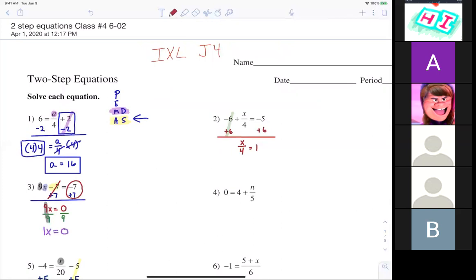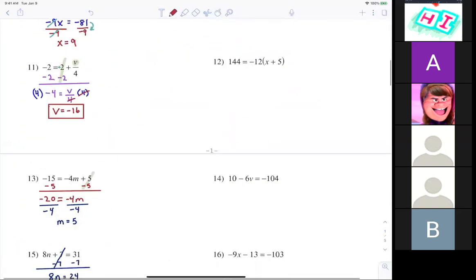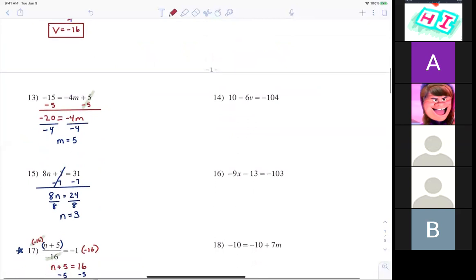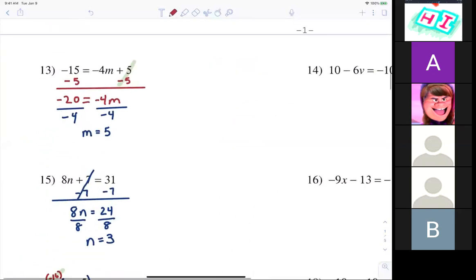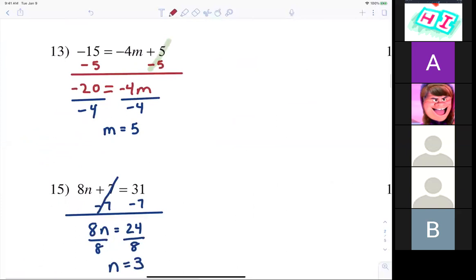Anybody else have a quick question? Mr. Strauch, when you're doing the work, say on number 13, when you're doing the -5, how would you know not to subtract 5 from the -4m? Because it's a variable, remember? You can only put variables with variables.